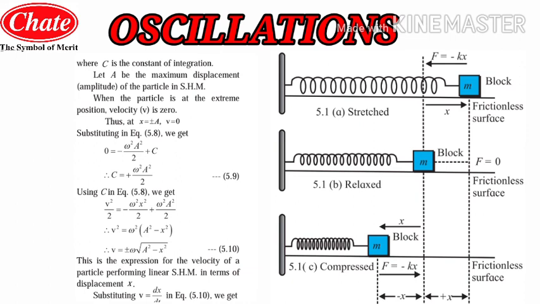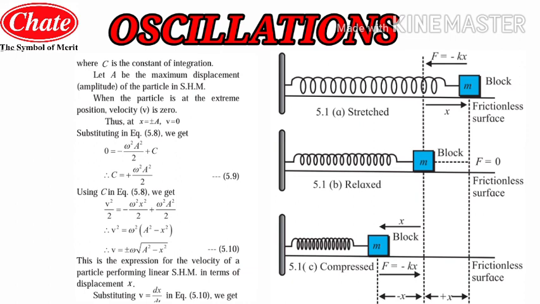So the square root of omega square is plus minus omega. The final expression will be v is equal to plus minus omega into square root of a square minus x square, the expression for the velocity of a particle performing linear SHM in terms of displacement x.